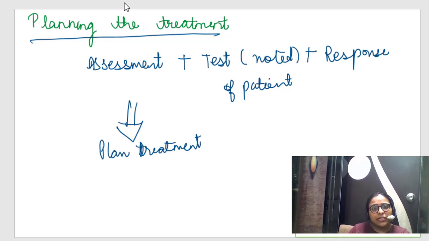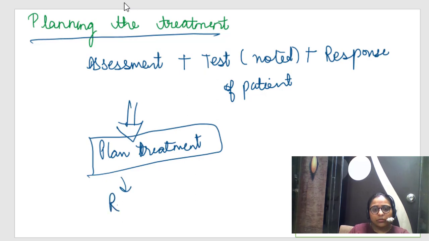According to the patient's assessment and response, the physiotherapist has to plan the treatment accordingly, so that the patient's recovery is very fast and the patient responds better.